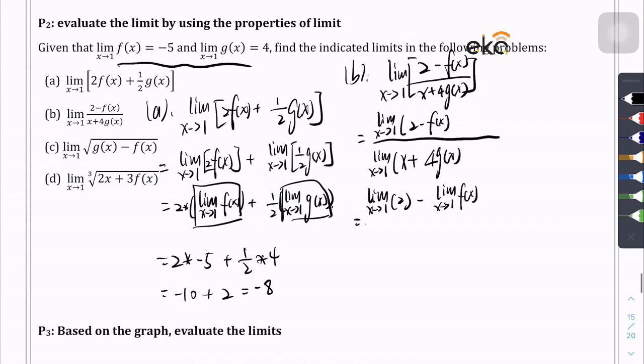Then for the denominator, it is the limit as x approaches 1 of x plus 4 times the limit as x approaches 1 of g(x).